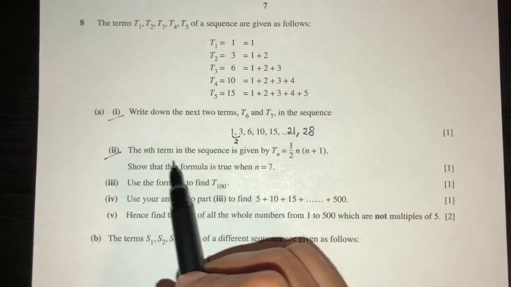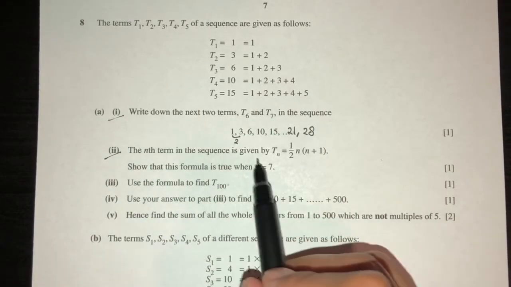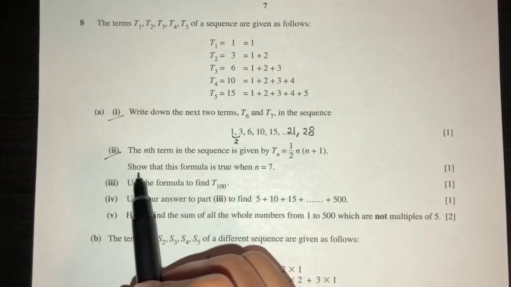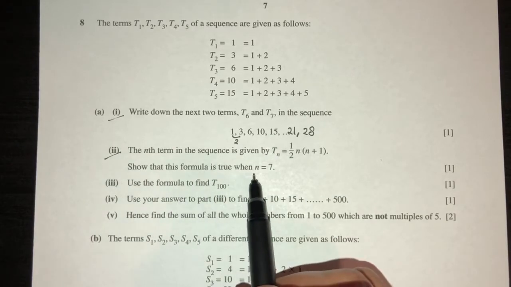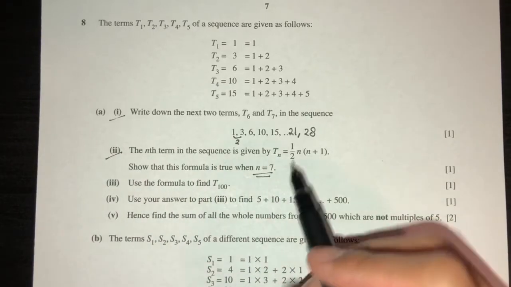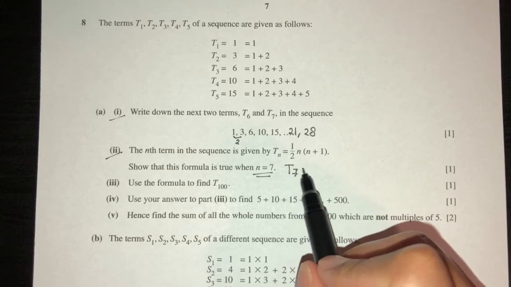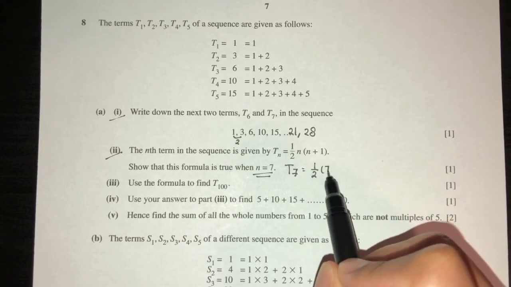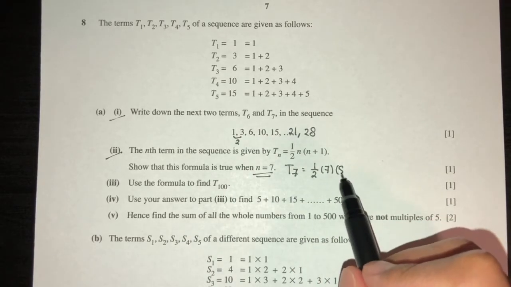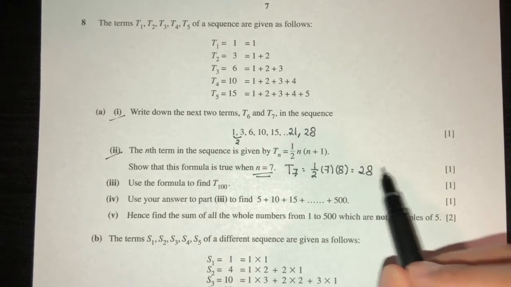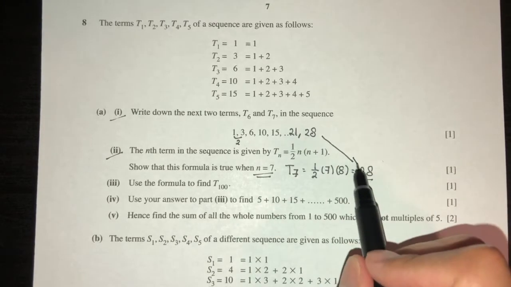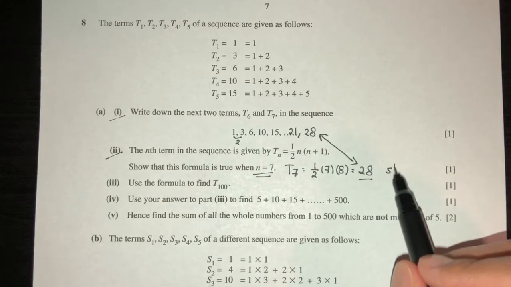Now part 2, the nth term of the sequence is given by this formula. Show that this formula is true for n equal to 7. So let's replace. T7 will be half times 7 times 8. That will be 28. So 28 is equal to the 7th term, right, shown as required.